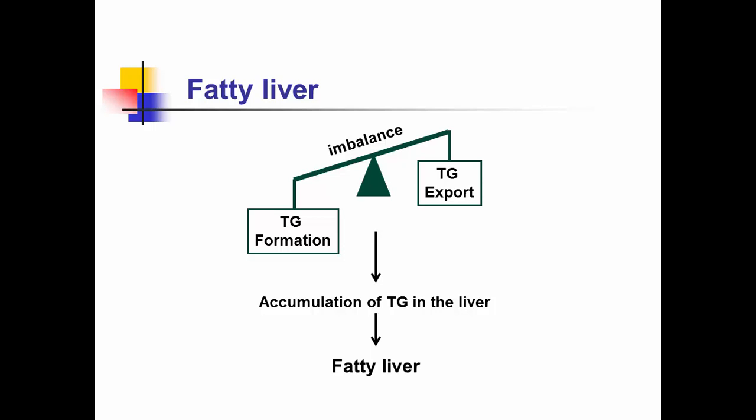A lipoprotein is needed to export triglyceride. So if these two main pathways are imbalanced, then we have fatty liver disease. For example, either you have too much triglyceride synthesized, or less triglyceride is exported, right? And eventually we get triglyceride accumulation in the liver, called fatty liver disease.